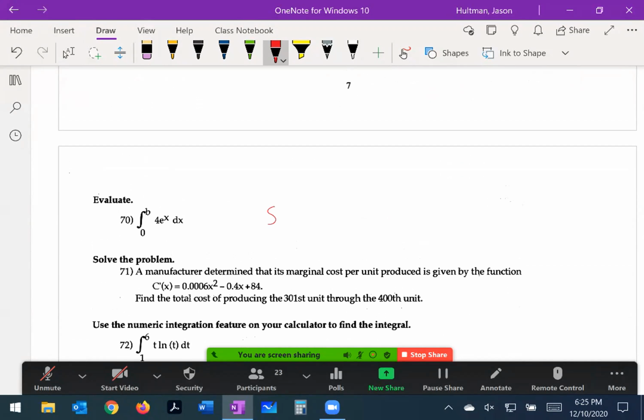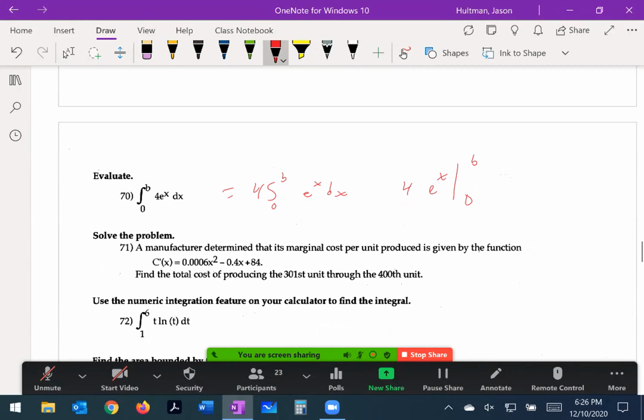The integral from 0 to b of 4e to the x dx. I can pull this 4 out in front. The integral of e to the x is just e to the x, so this is 4 times e to the x evaluated from 0 to b. So this is 4 times e to the b minus e to the 0.